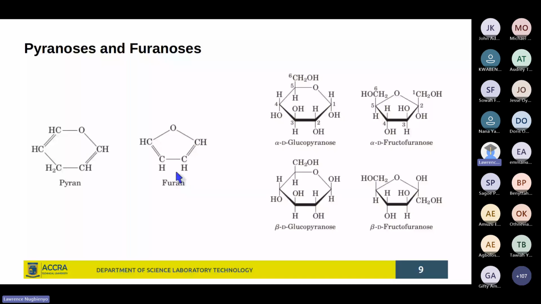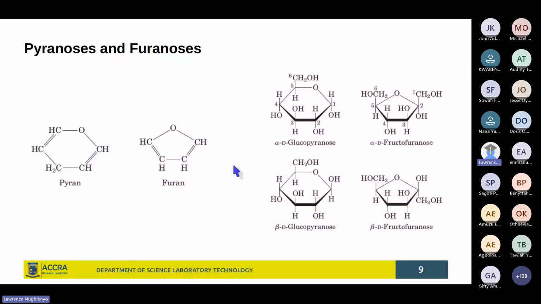Furan has a 5-sided ring, also with an oxygen at the apex of that ring. So this is pyran and this is furan. If you take the ring structure of glucose, for instance, it looks just like that of the pyran. So that is why we call it pyranose.